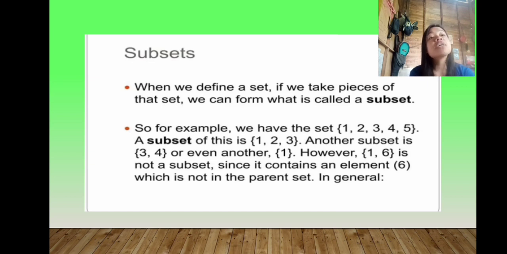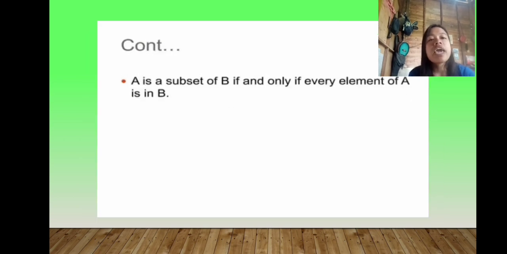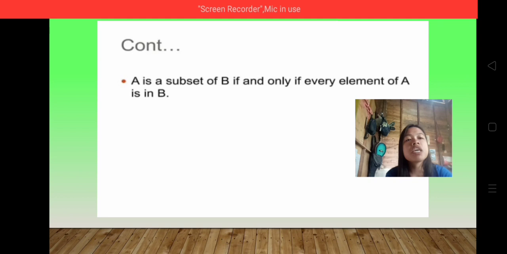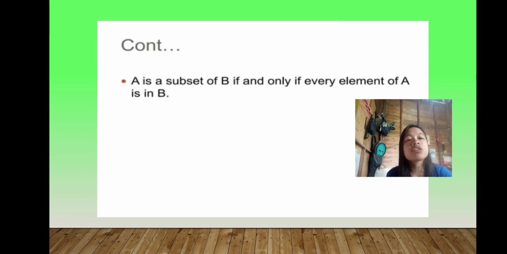Why? Because it contains an element 6 which is not in the parent set. We cannot find the number 6 in the set {1, 2, 3, 4, 5}. In general, A is a subset of B if and only if every element of A is in B.